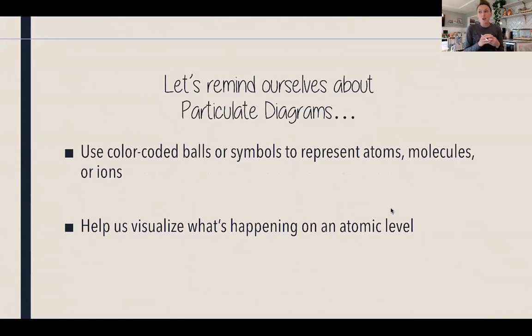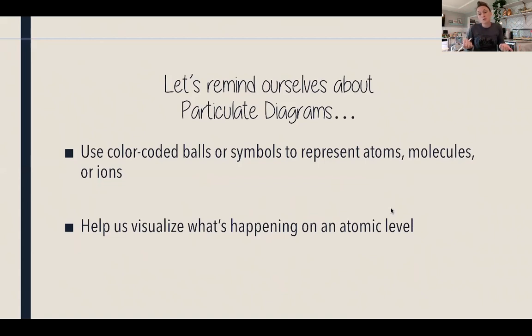A particulate diagram is an attempt to help us visualize or focus on what's happening from an atomic level. So in a particulate diagram, we used color-coded pieces, balls, symbols to represent atoms, molecules, or ions. And we can then push them around and join them with other things and see what's happening in a chemical reaction or how things dissolve.